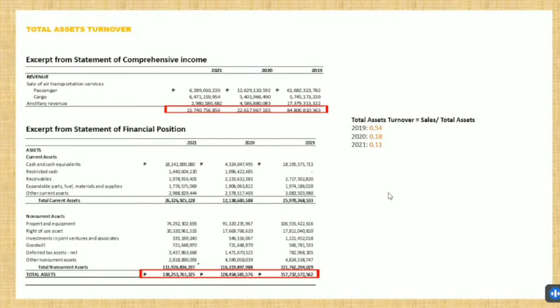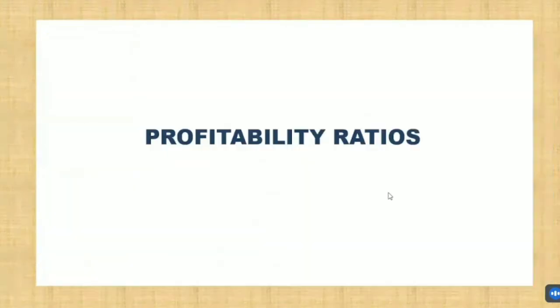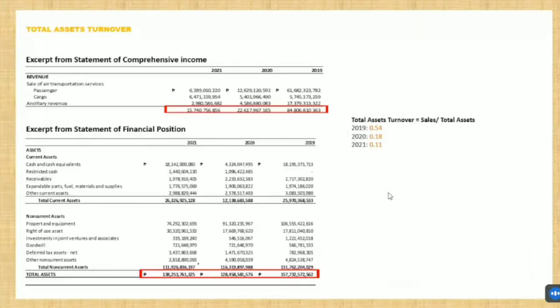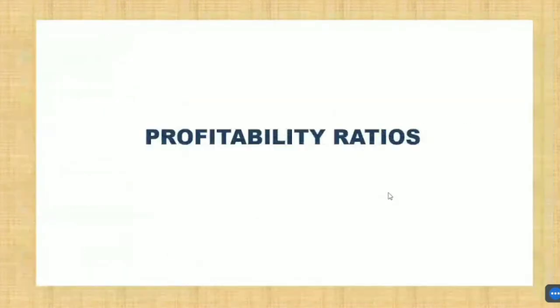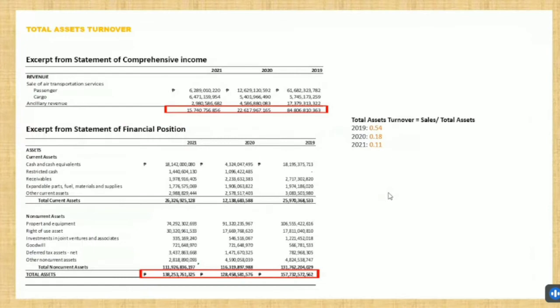So when we try to look at it holistically, in general, may significant decrease talaga siya sa speed of converting assets into sales. This is evident when we compute for activity ratios na diniscuss natin kanina, and this is because of the limited operations allowed in the start of the second half of 2020.